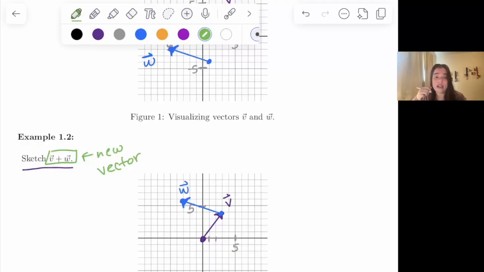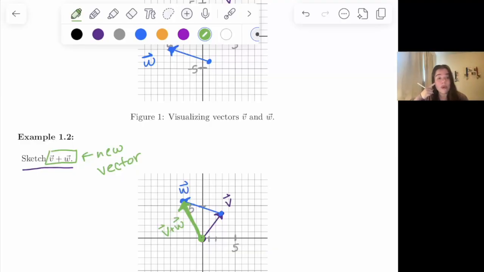The new vector starts at the initial point of vector V and continues to the terminal point of what you get when you add the two vectors together. So this green vector right here represents vector V plus vector W.